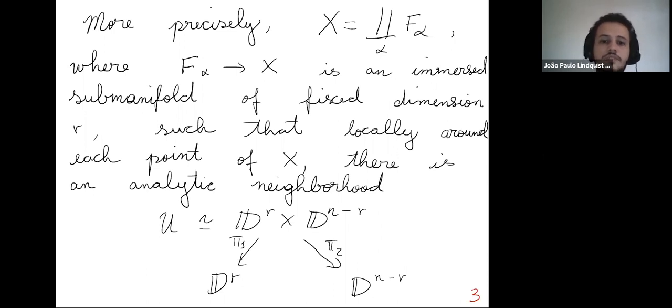Locally around each point of X, I can find an open neighborhood U which I can decompose as a product D^r times D^(n-r), where D is the unitary disk in C. With these two projections, the leaves of the foliation restricted to U are the fibers of P2.